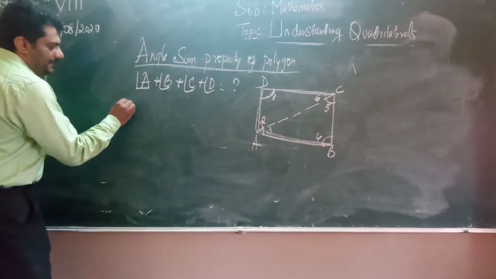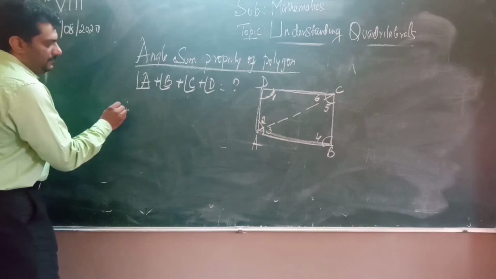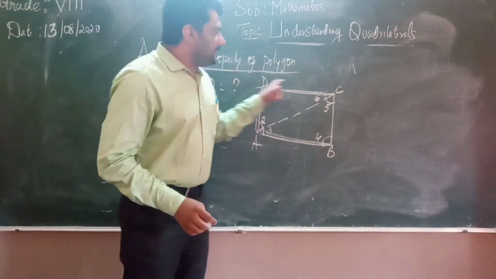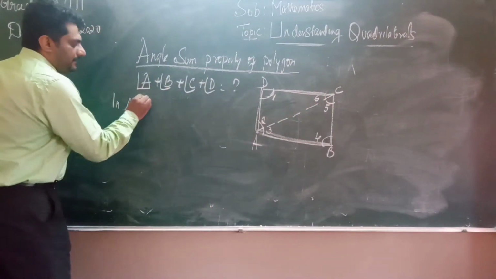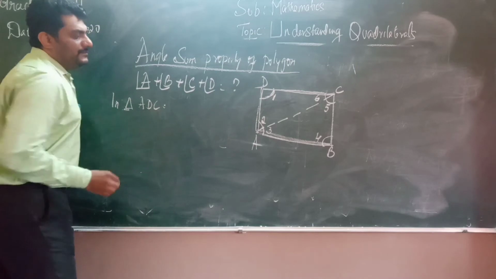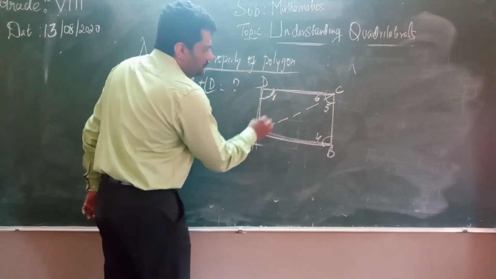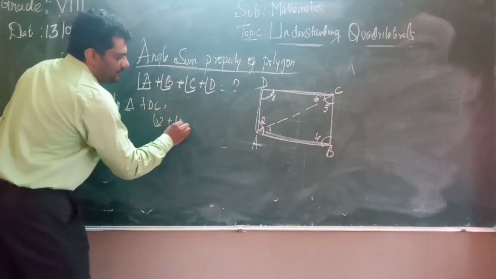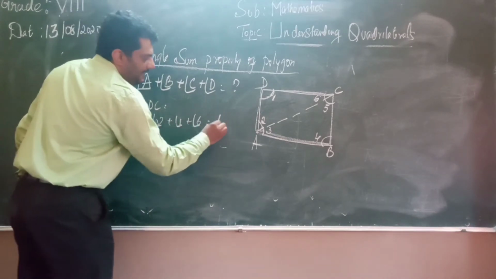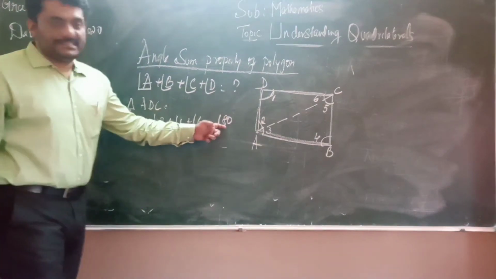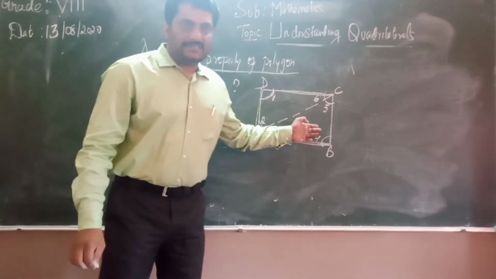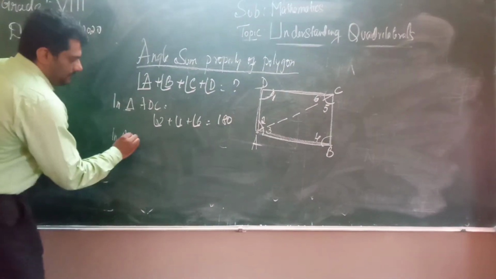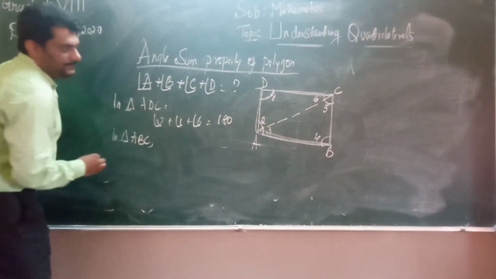Can I write, angle 1 in triangle ADC? In triangle ADC, how many angles do we have? Angle 2, angle 1, angle 6. Angle 2 plus angle 1 plus angle 6 is 180 degrees. We know this, right? Take the second triangle, that is triangle ABC.